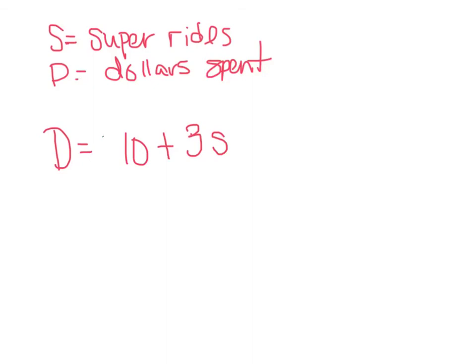Also, regular rides are $2 extra. It says that you go to the park and ride 15 rides, of which S of those are super rides. Well, if I had 15 apples and I'm giving someone else some of those, then I would subtract the number that I'm giving away.